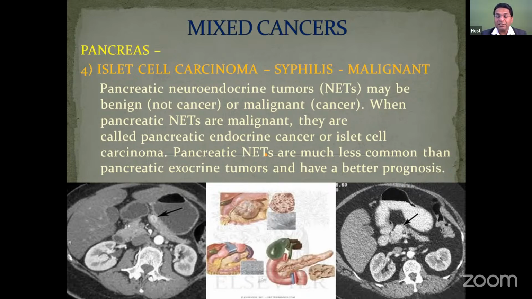Pancreatic neuroendocrine tumors are much less common than pancreatic exocrine tumors and have a better prognosis. So you can see here the islet cell carcinoma. See the growth in the pancreas in MRI film. You can see here the growth. This is growth of islet cell carcinoma. It is malignant. Yes. In the cut section of pancreas, you can see the growth.